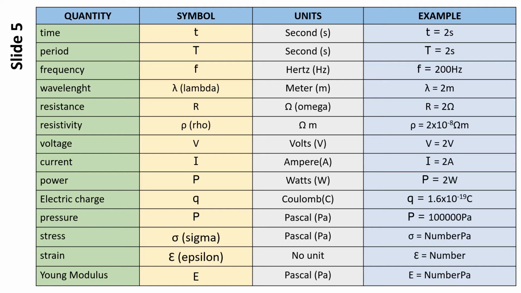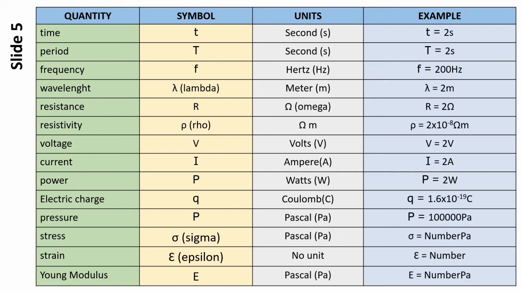Frequency, hertz. Wavelength is represented by the Greek letter lambda. The unit is meter, most commonly meter, centimeter, just an example. Resistance is represented by the Greek letter omega. Resistivity is represented by the Greek letter rho.